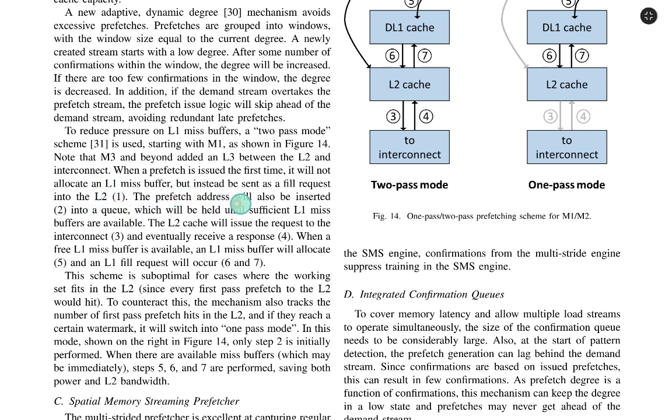The prefetch address will also be inserted into a queue, which will hold until sufficient L1 miss buffers are available. The L2 cache will issue the request to the interconnect and eventually receive the response. When a free L1 miss buffer is available, an L1 miss buffer will allocate, and an L1 fill request will occur.